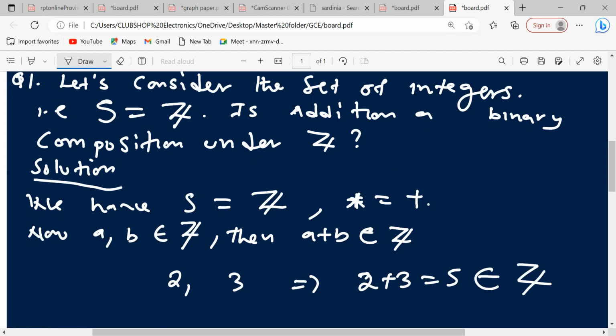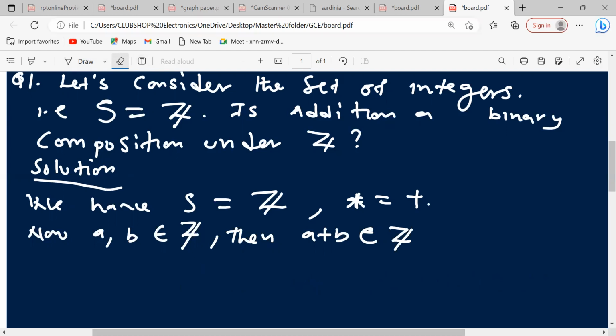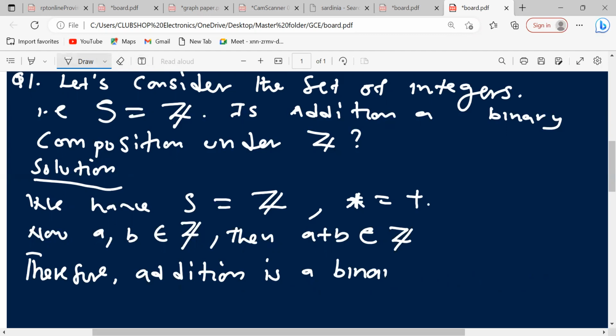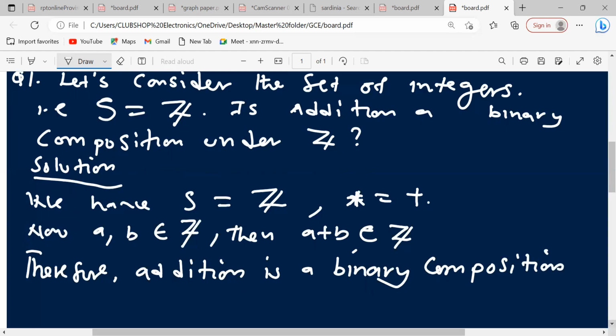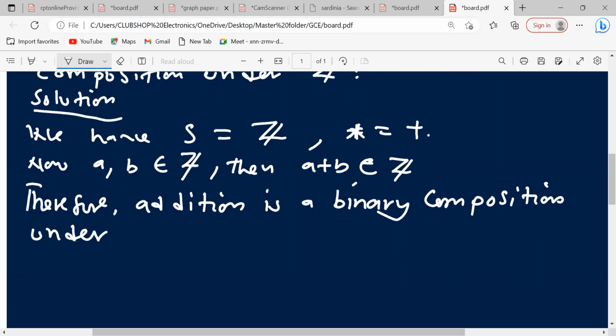Implying therefore that addition is a binary composition under the set of integers.